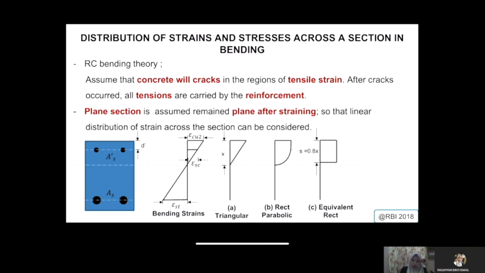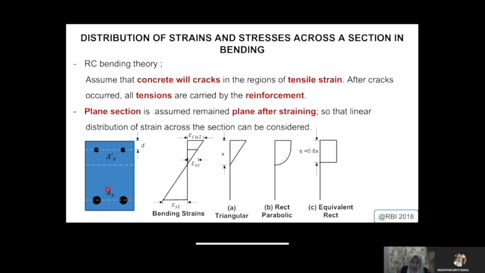If you look here, our section has two layers of reinforcement, which is very common, where you have reinforcement at compression and also reinforcement at tension. Anything with a dash here represents your reinforcement at the compression side of the section, and you have As, which is at tension.